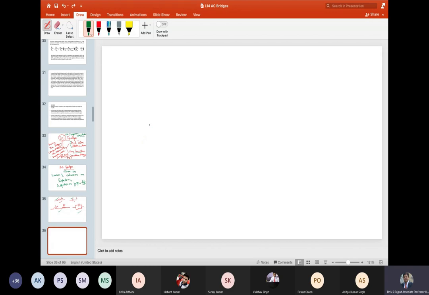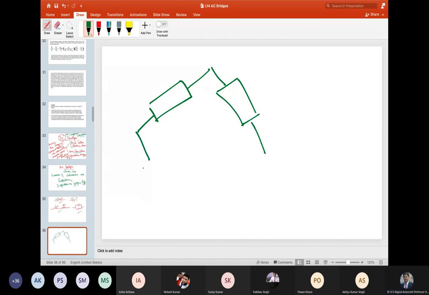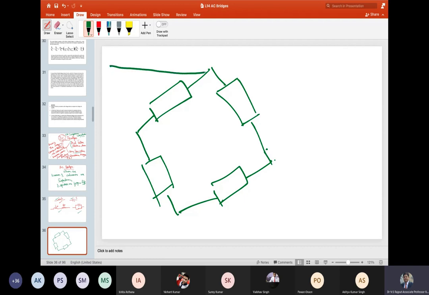So once again, I can draw the same Wheatstone bridge, but this time I will draw them as standard impedances, and this will be fed with an alternating signal.